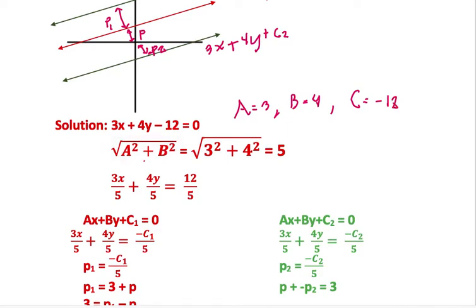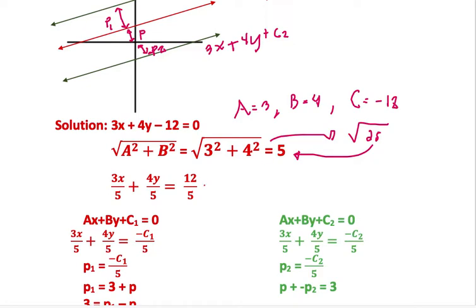So, let us use these values to get the denominator. So, 3 squared plus 4 squared. So, that is 9 plus 16. So, that is square root of 25. So, let us simplify square root of 25. That is 5. So, that would become 3x over 5 plus 4y over 5 equals 12 over 5.